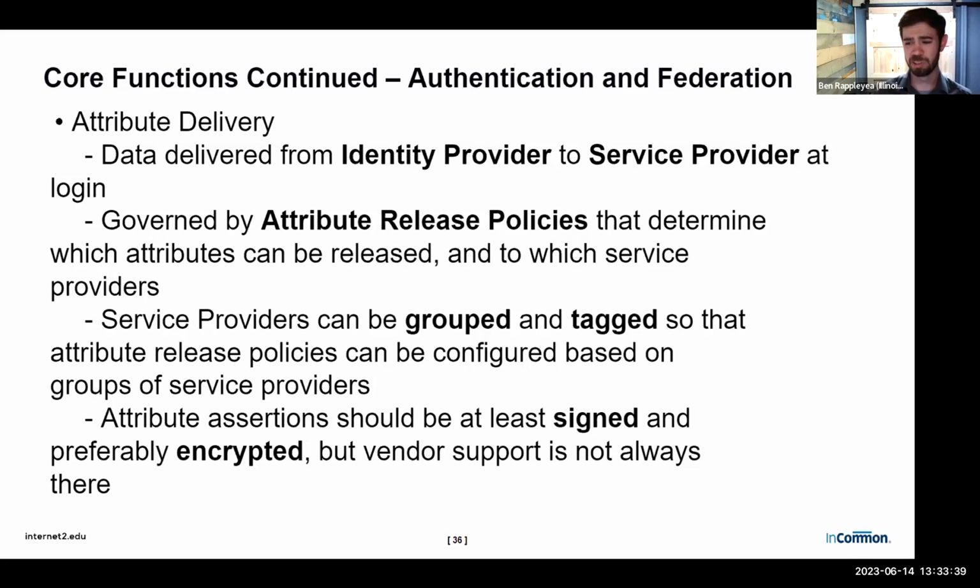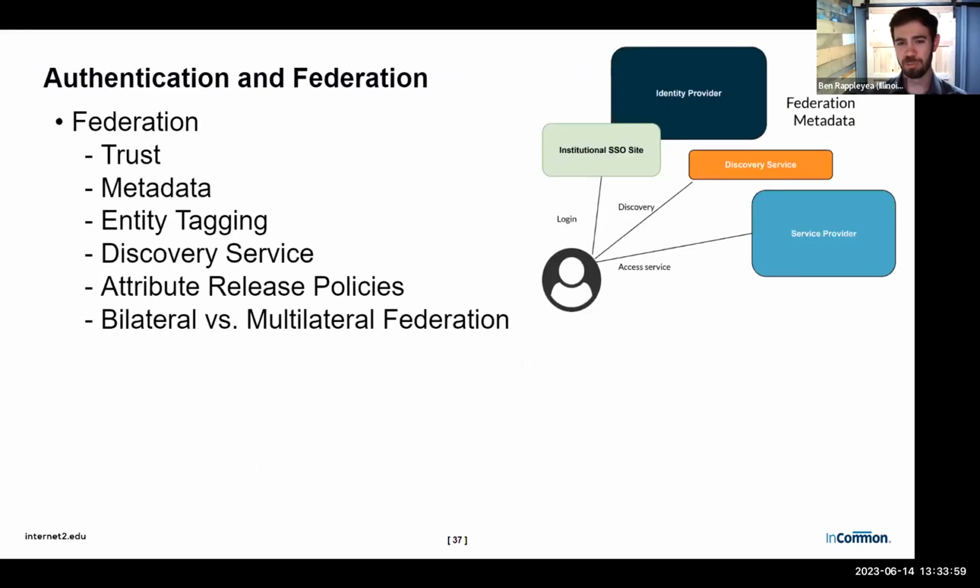I really encourage you to look into those if you haven't. But anytime we do those things, we need to make sure that the attribute assertions are at least signed. If they're not signed, they should definitely be encrypted. But that really depends on the vendor and what you're doing, so you have to figure that out with them.